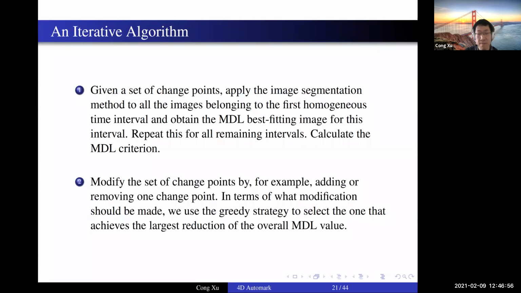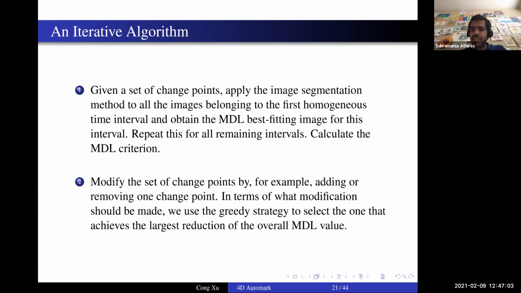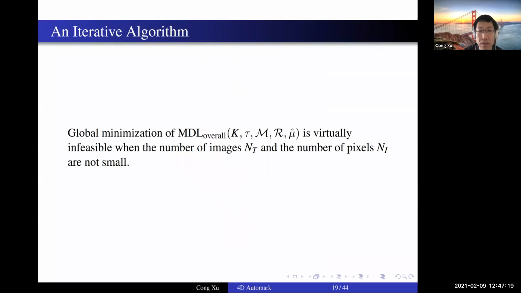Sorry, I have a question. Temporally, do we assume that the change points are not varying? Can you go to the previous slide? You have an assumption on the temporal variation, right? In the previous slide you mentioned, I missed it.